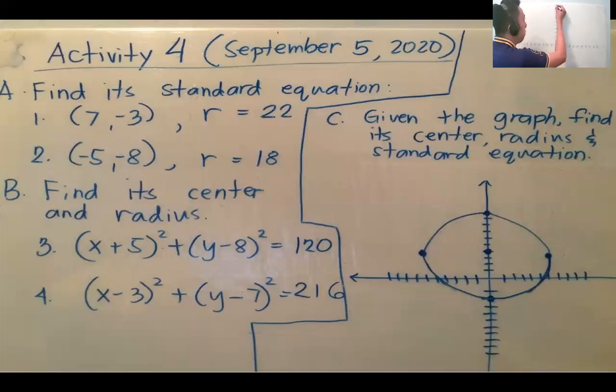Nandito siya. Ay, ito pala siya. Ayan. Okay, dugtong ko na siya. Yan, kunyari perfect circle siya ha. Okay, walang angal dyan. Okay, next.